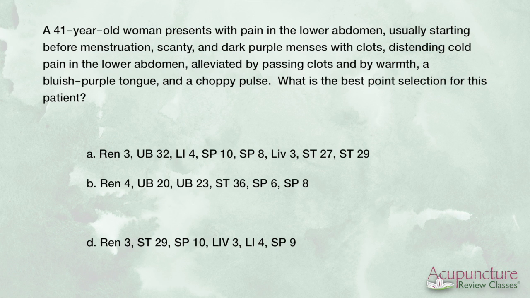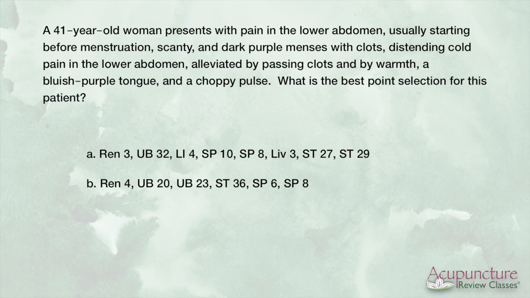I do know that one of the points for excess is UB32. UB32 is the empirical point for dysmenorrhea, but only for the excess syndrome. Do I have this point anywhere? Yes, I have it in the answer A. I also, because she has pain, I'm looking for spleen 8. So with that in mind, and because it's not amenorrhea, I'm throwing out answer D.